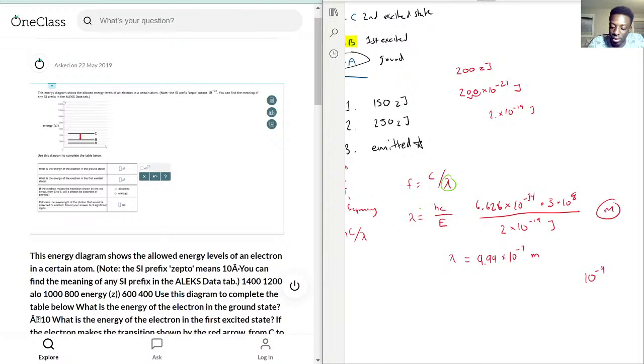So if we move this 2 over, we have 994 times 10 to the negative 9 meters, which can now be translated to 994 nanometers. That right there would be the wavelength of the photon that's emitted from this change.